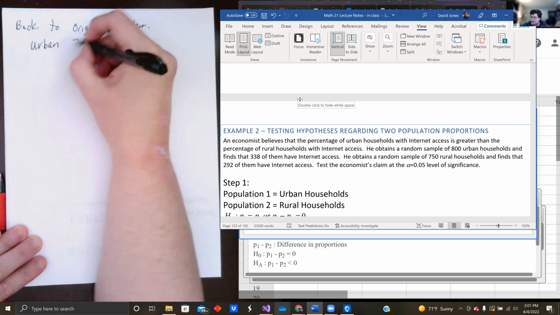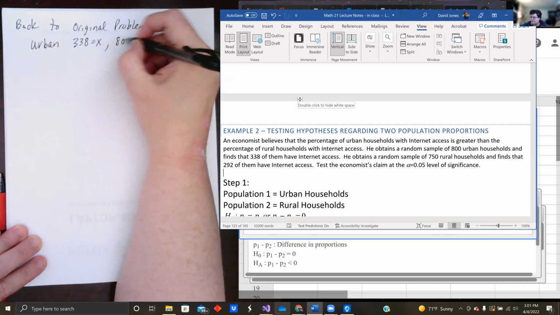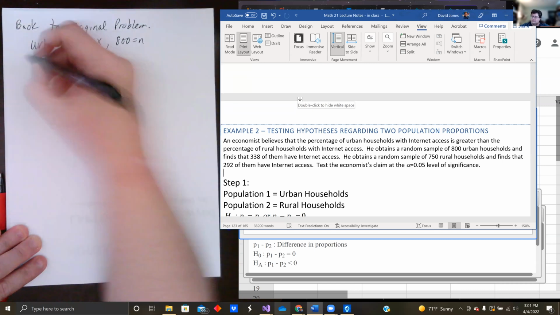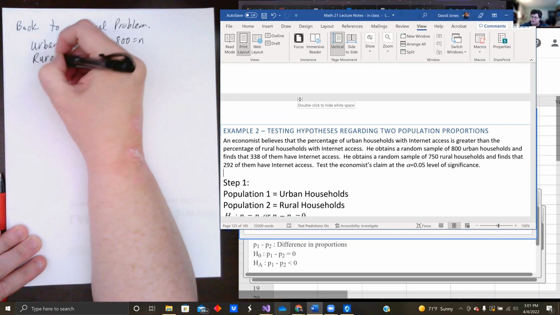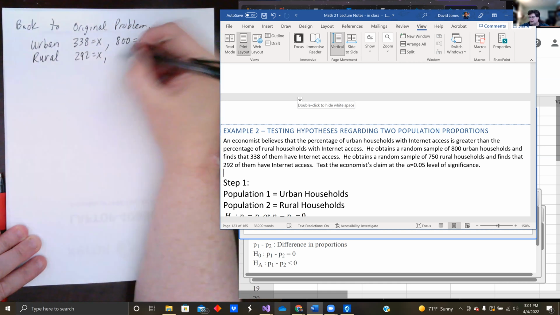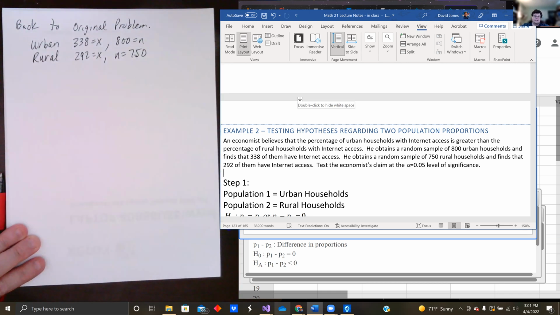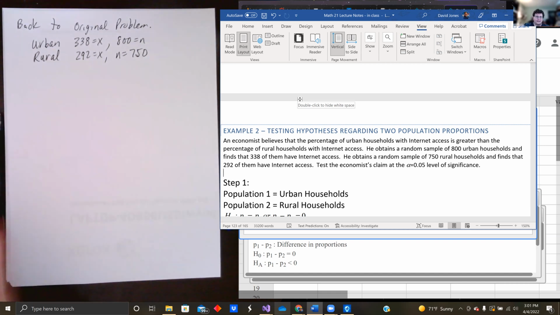Urban, we had 338 for X, and we had 800 for N. And for the country population, we had 292 was X, and I need to put the variable in front. That's driving me crazy. And the 750.